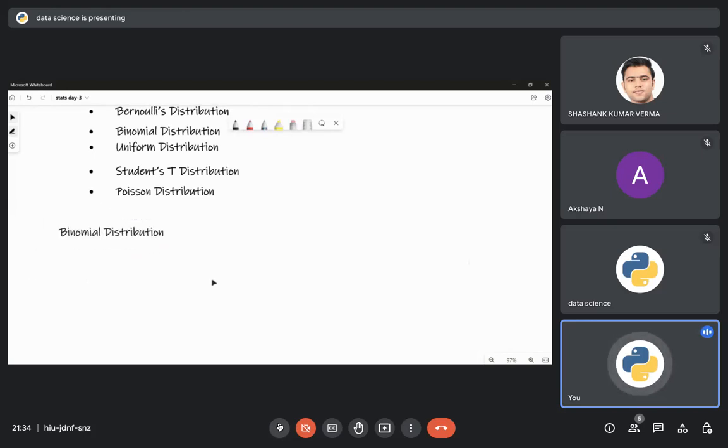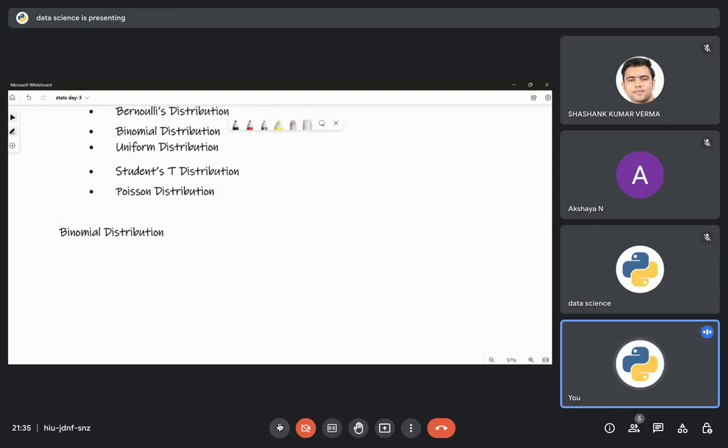What do you mean by the binomial distribution? As its name suggests, it helps us get the probability of a binary type of outcome, like either head or tail, pass or fail, success or failure, true or false. The binomial distribution is used when a trial has two outcomes, labeled success, failure, true, false.